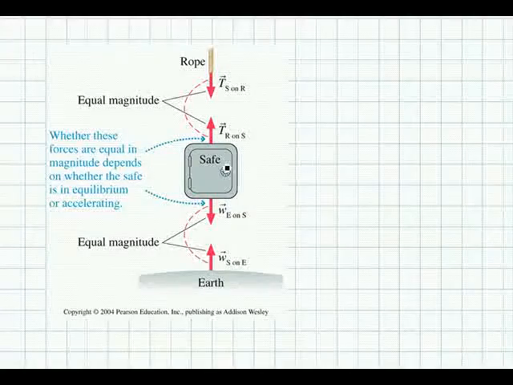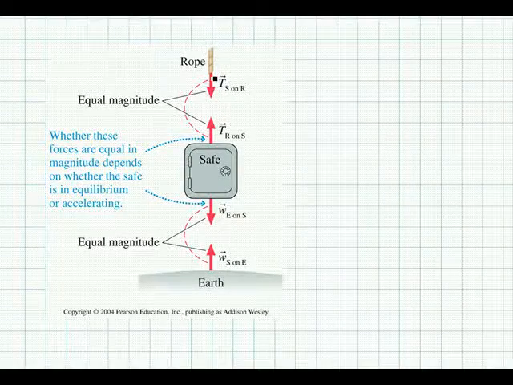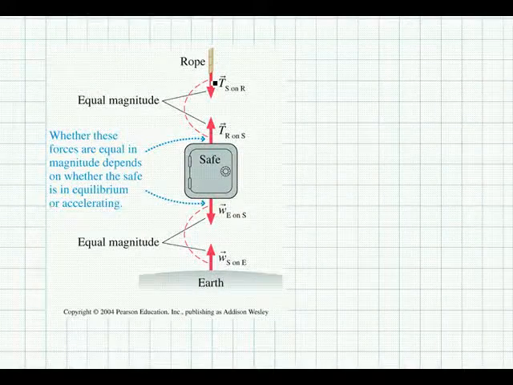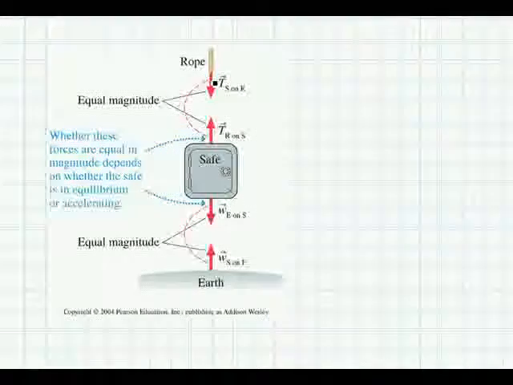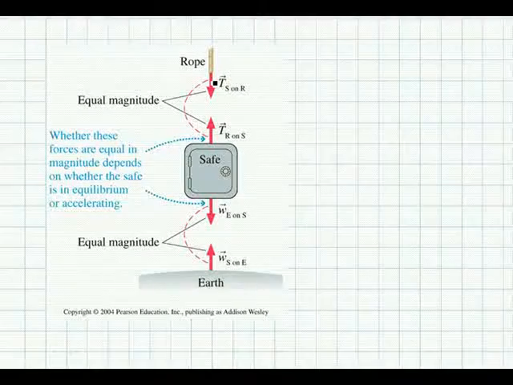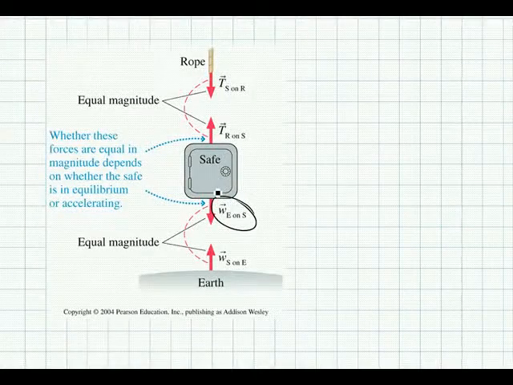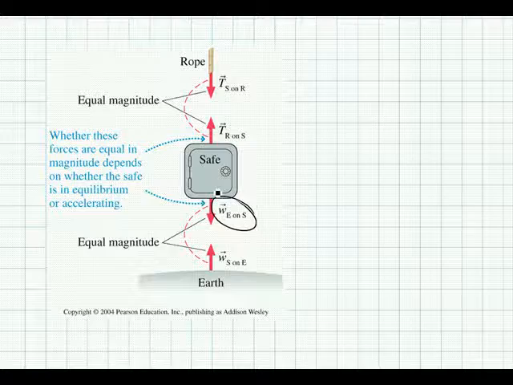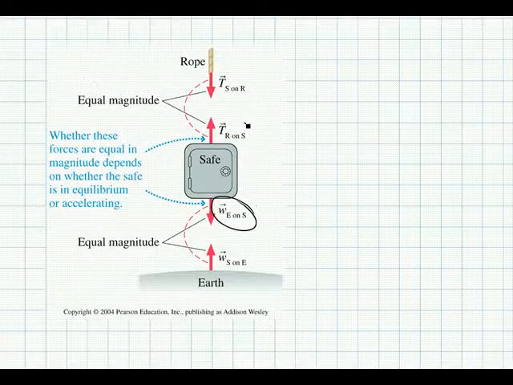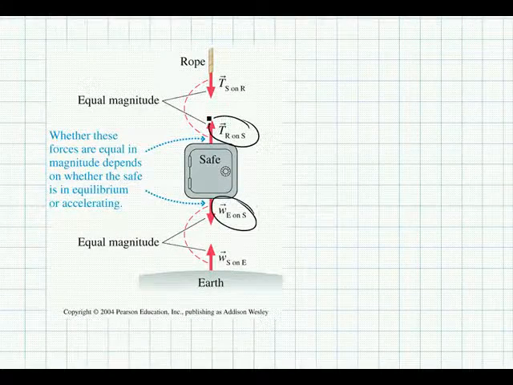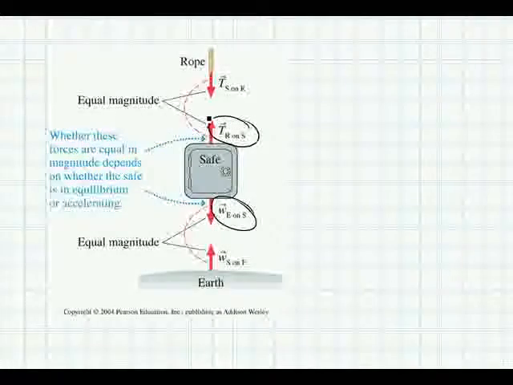Now we said our safe is connected via rope to the ceiling. First of all, let's identify the forces acting on the safe. Well, there's the force of earth on safe, which is what we call weight, and there's also the tension from rope on safe. So these are the two forces acting on the safe.